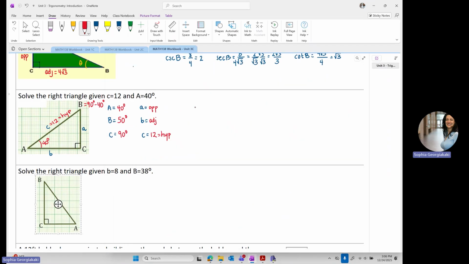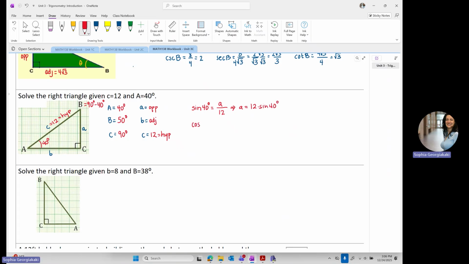So the sine of A, which is 40 degrees, will be the opposite, little a, over the hypotenuse, which is 12. If I multiply by 12, a equals 12 times the sine of 40 degrees.